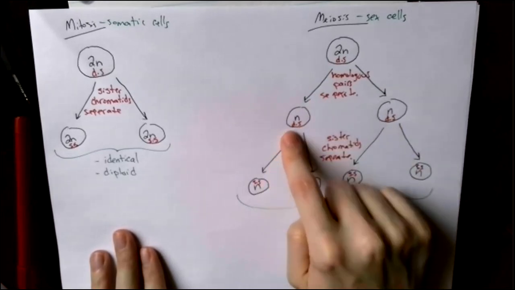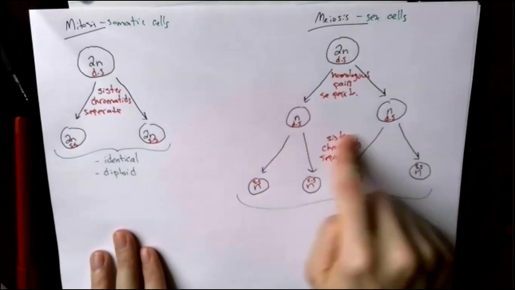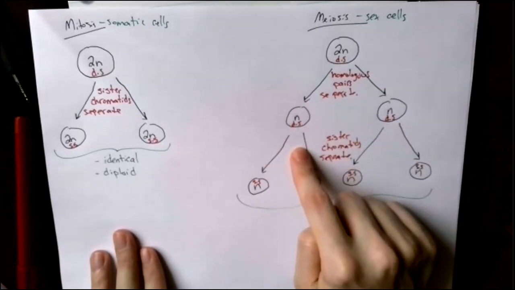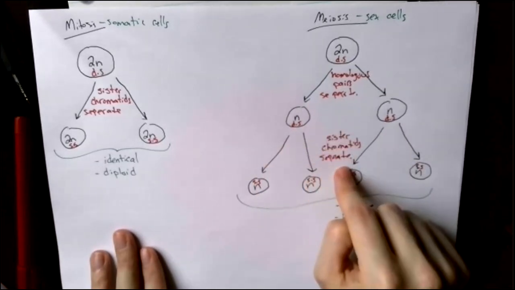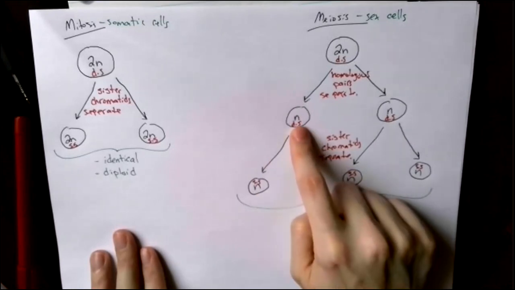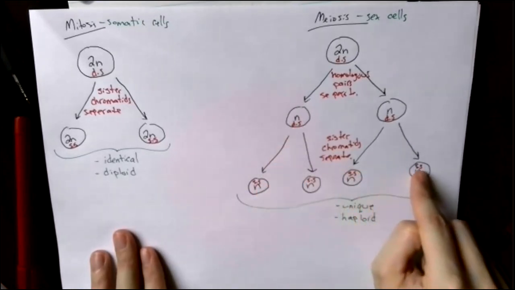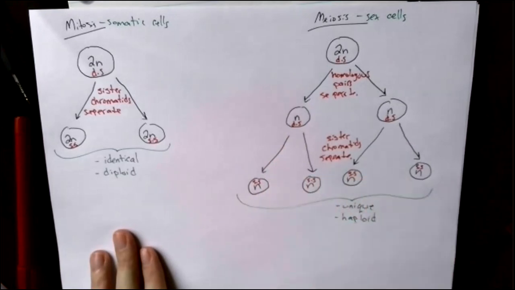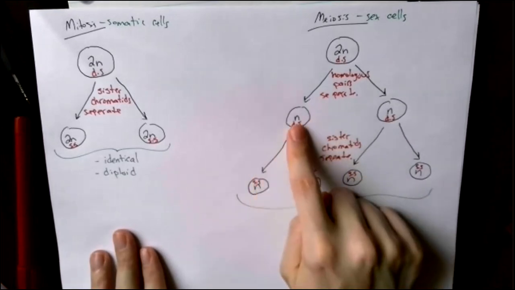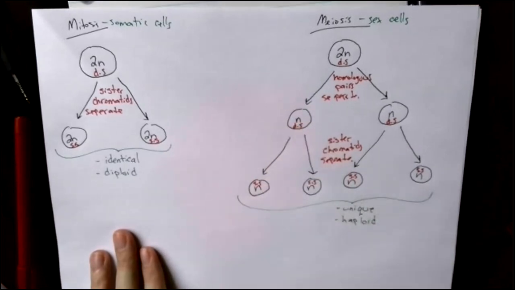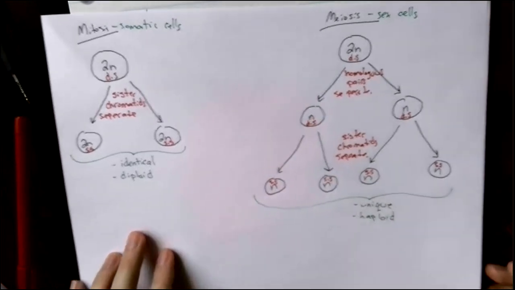Then in the second part of meiosis, which is what this last group of arrows represents, we separate the sister chromatids. So we go from double-stranded to single-stranded. All of these last ones are single-stranded. But the number of chromosomes stays at N, so it stays haploid during that second part there.